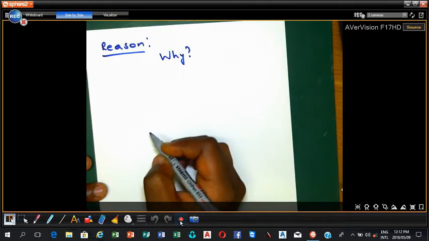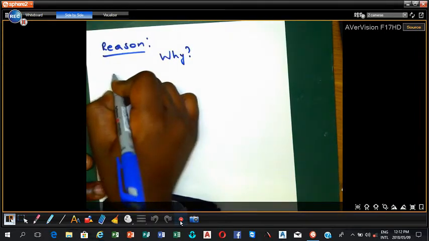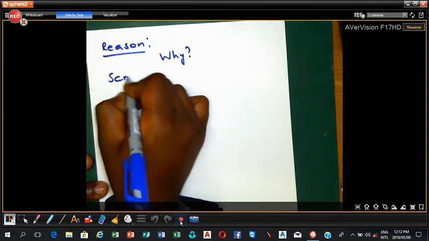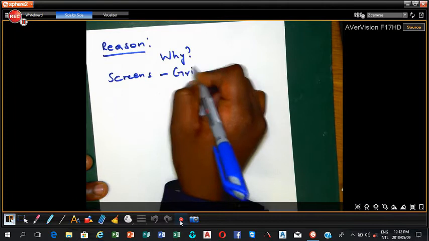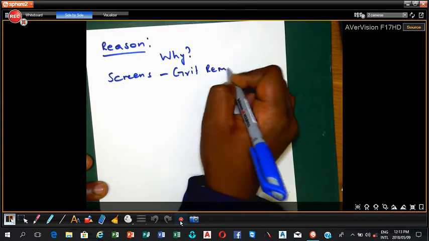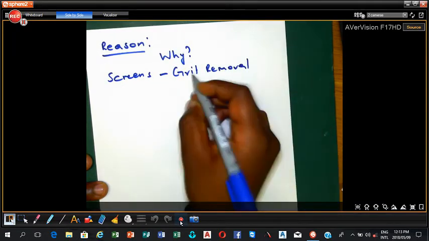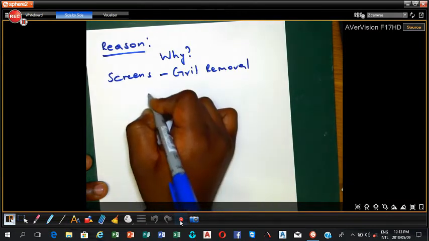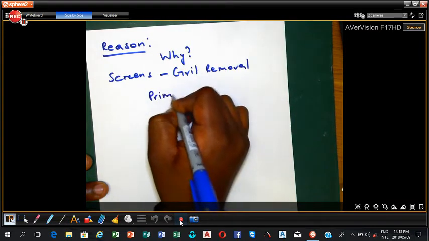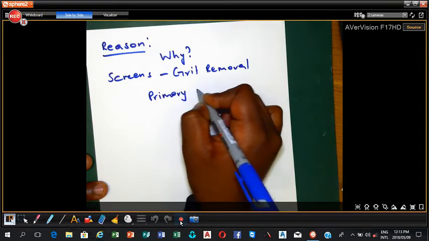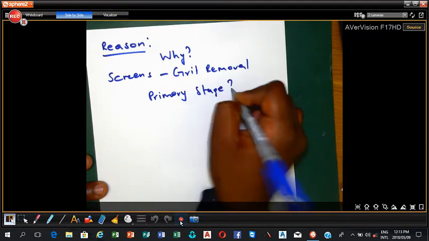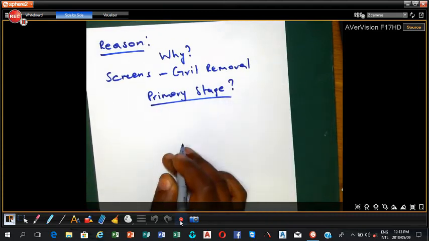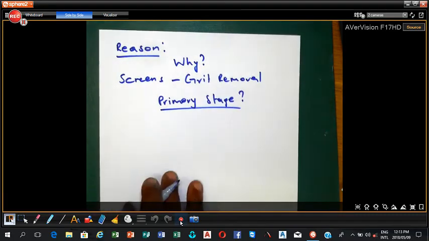Why do we have screens and grit removal before the primary stage? Why do we have screen and grit removal before the primary stage?